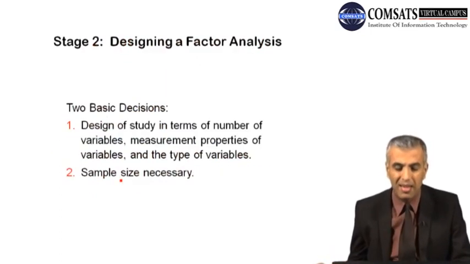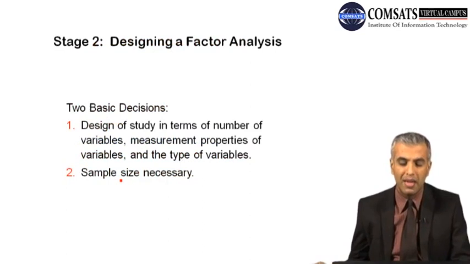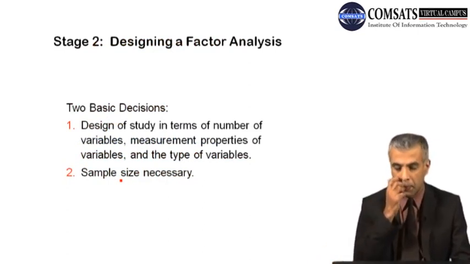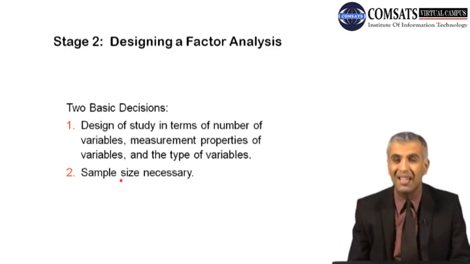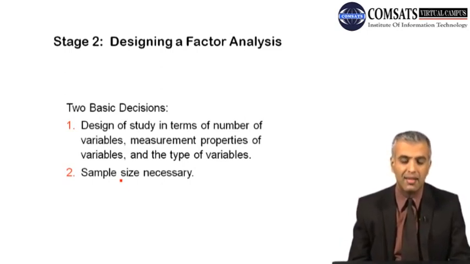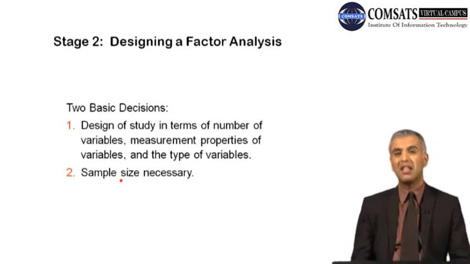So basically, after going through the types of factor analysis, then comes stage 2, which is again vital: how to design the factor analysis. Now basically here we are dealing with two basic decisions.